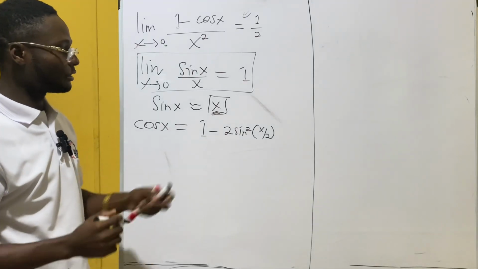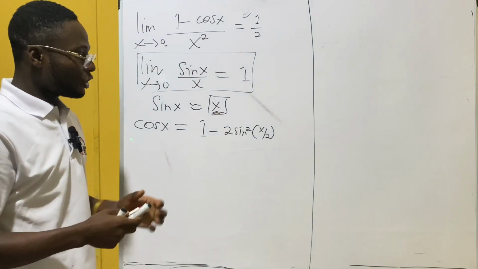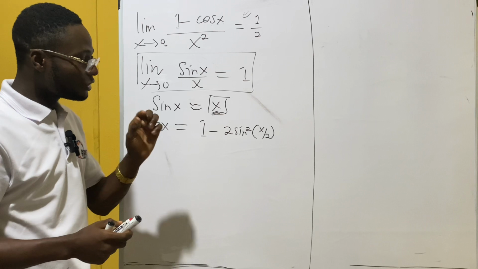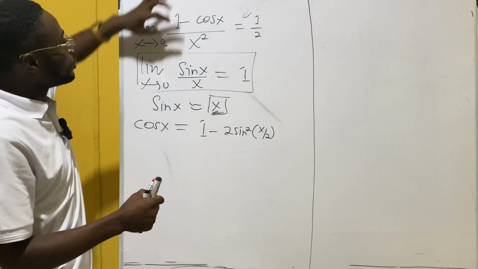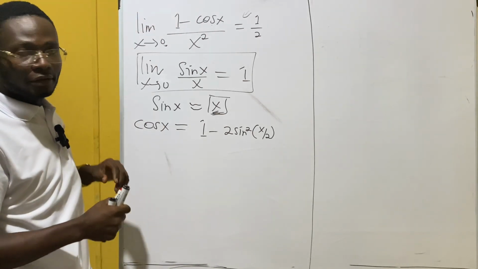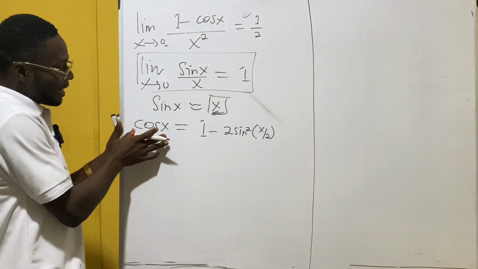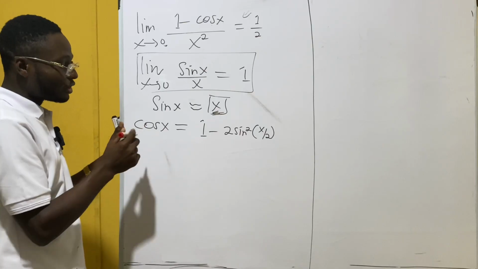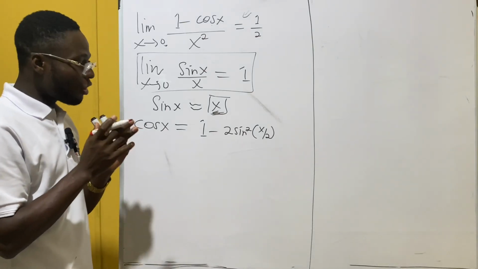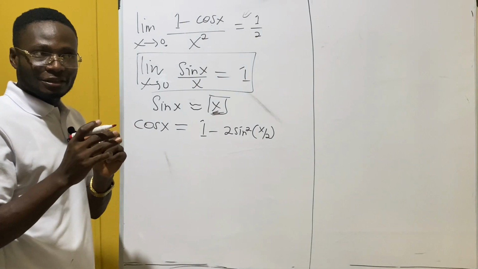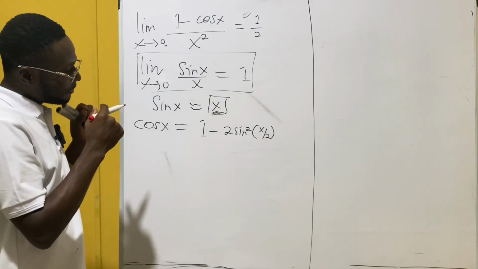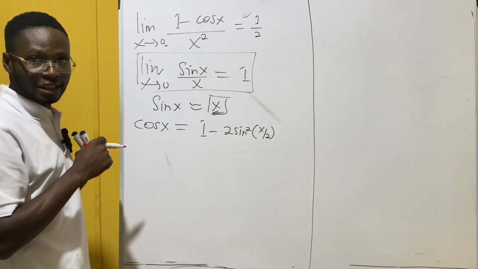This property, we want to prove it and use the final result to do substitution over here. We want to see how x, or 1, can be very, very close to cos x.